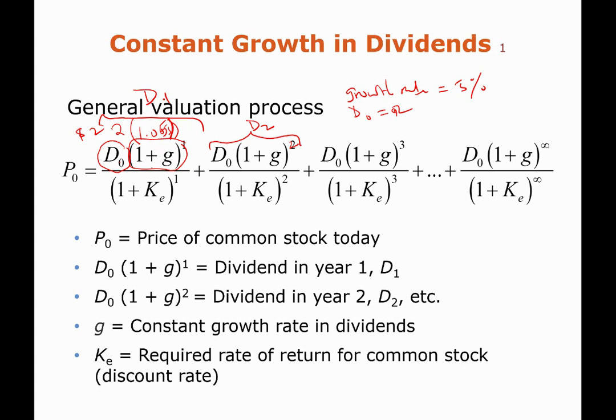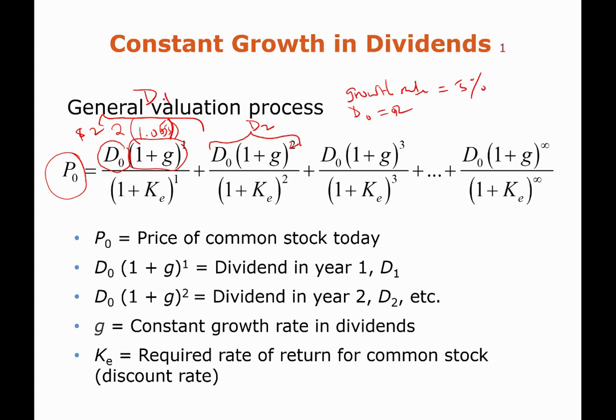We discount all those dividends using the required rate of return. Again, that will give us the present value of all those dividends paid in those years, assuming there's a constant growth in dividends. So just keep in mind, I know it's always confusing here.